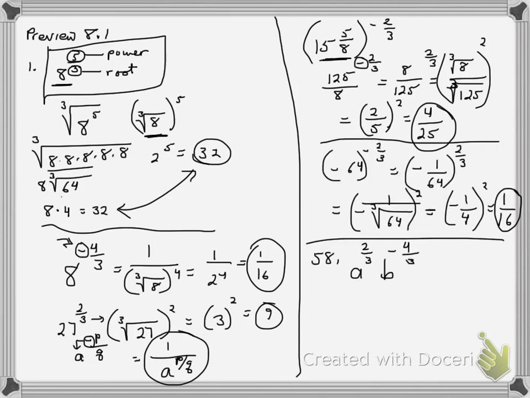Okay, so for 58, it says we want to express this with radical signs. So I want the radical, the root sign there, and I want positive exponents. So I'll need to convert this to a positive exponent. Okay. So I'm going to put it in the denominator. Okay. And then I'm going to express this still in the numerator.